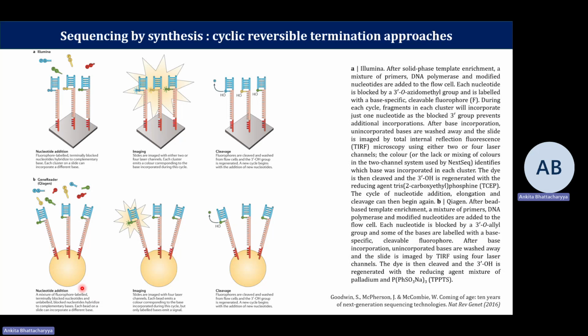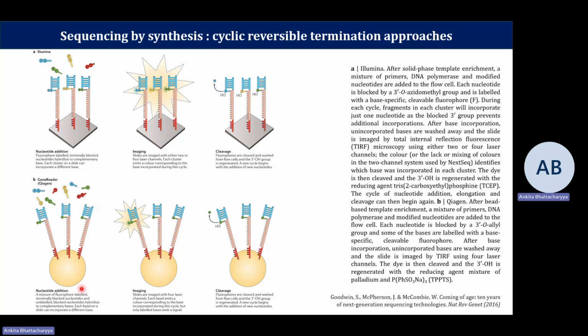They hybridize to complementary bases, and each bead on a slide can incorporate a different base. Then you image it using 4 laser channels, and it emits a color corresponding to the base which got incorporated, but only the labeled bases will actually emit a signal.